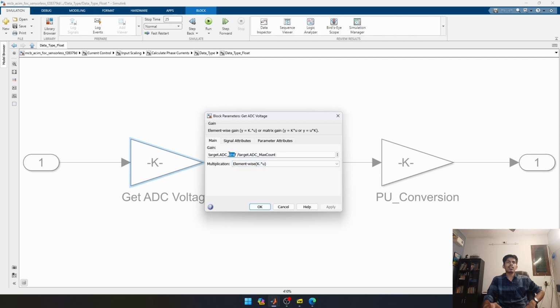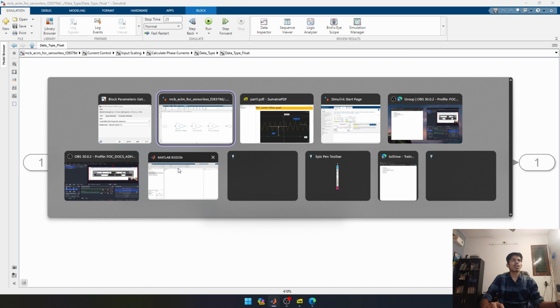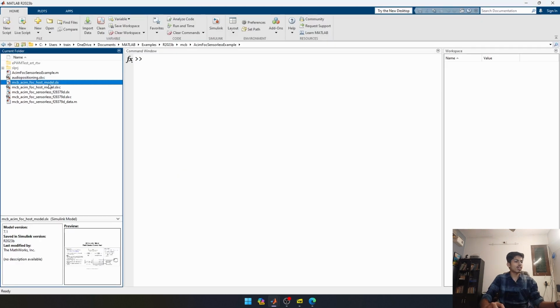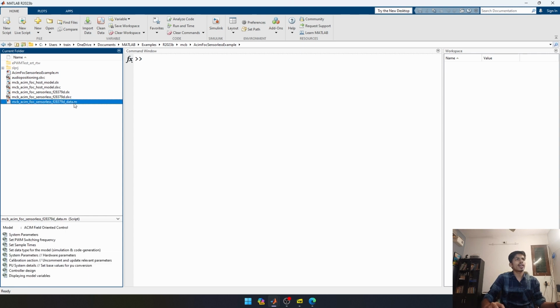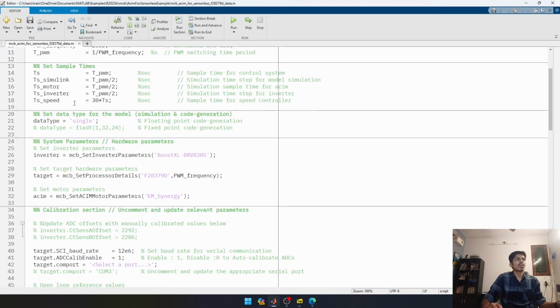So this target.adc vref is a variable which I will show where to look for. If you double click on this mcb foc data.m, you can see target equals mcb processor details. This is a function.